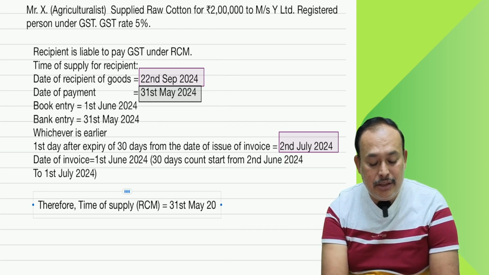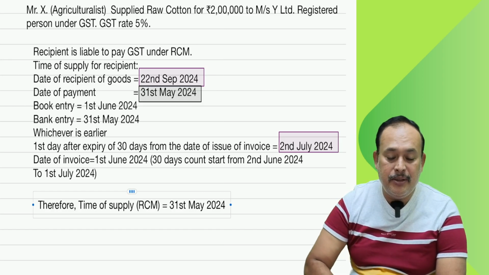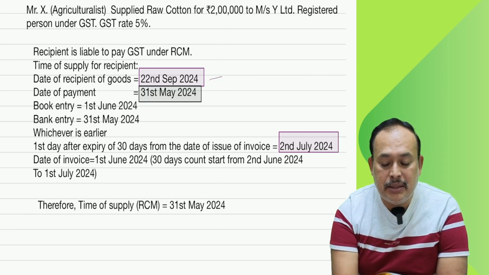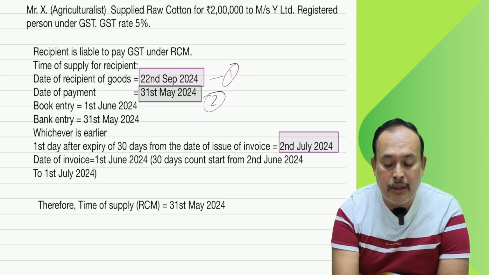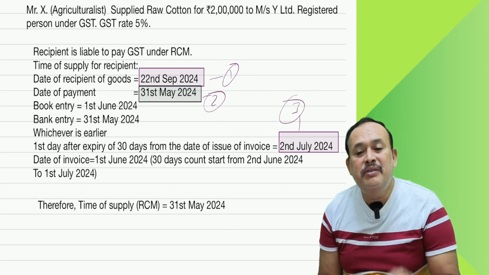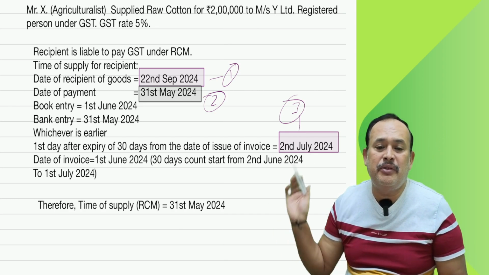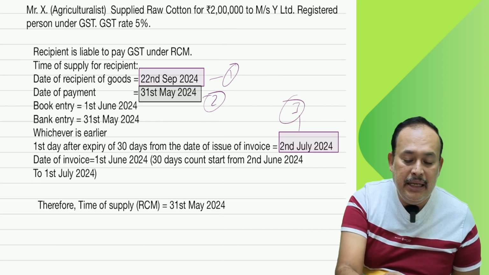Among the 3, 31st May 2024 is earlier. Therefore, that is the time of supply, in simple terminology.